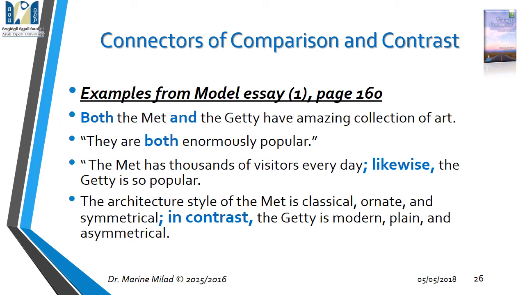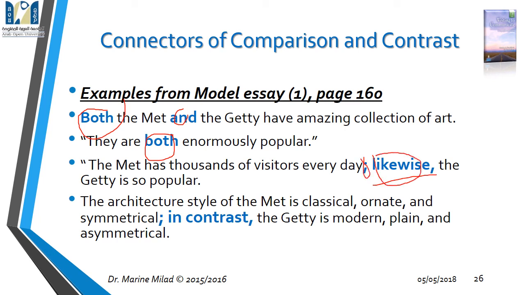Now, if you go to the example from model essay number 1 as well on page 160, you will see that the writer or the author of that article used these transitions, right? Here, both and. They are both, right? Likewise, look how the author used likewise.